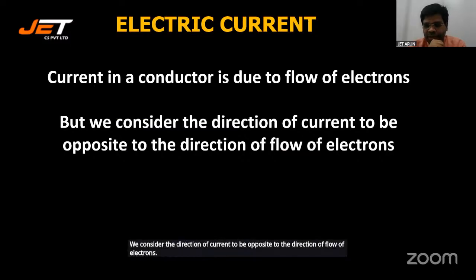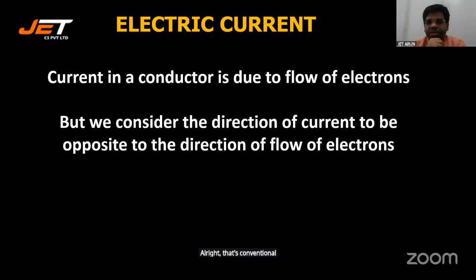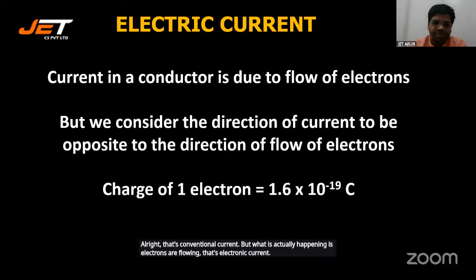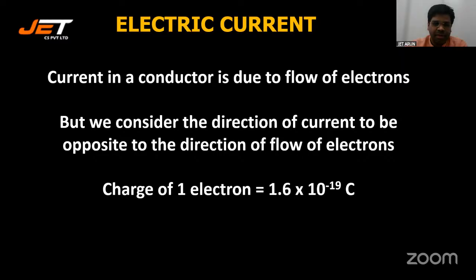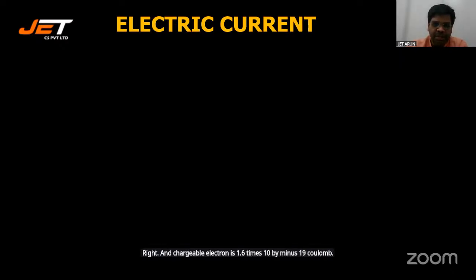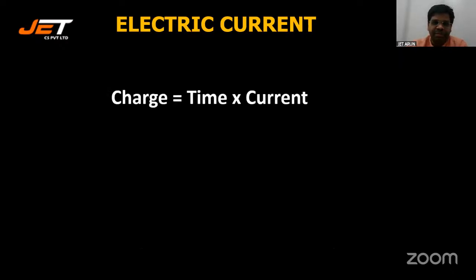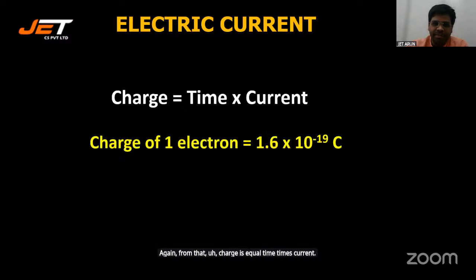That's conventional current. What is actually happening is electrons are flowing. And the charge of an electron is 1.6 times 10 power minus 19 coulomb. Again, from that, charge is equal to current times time.